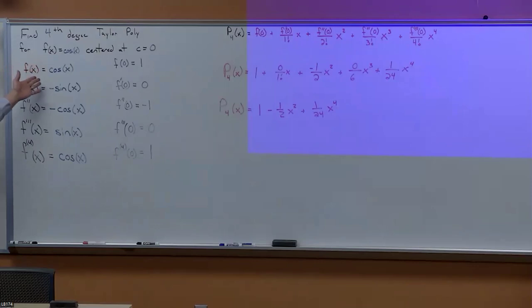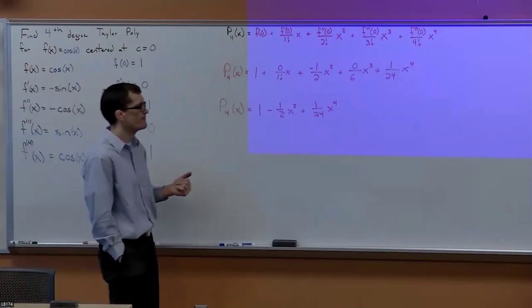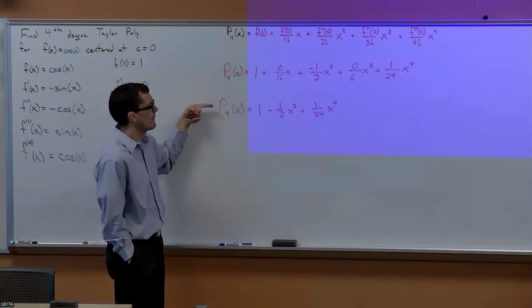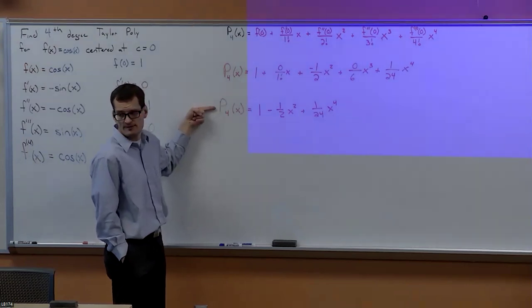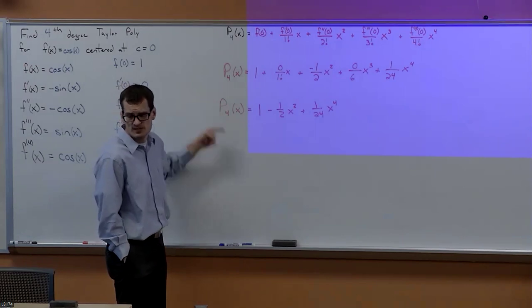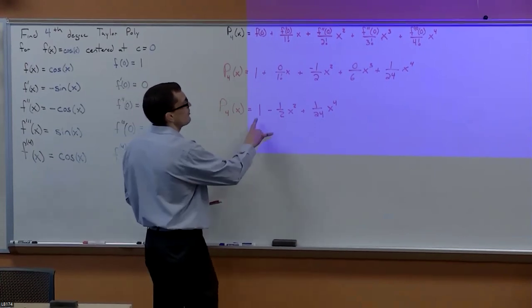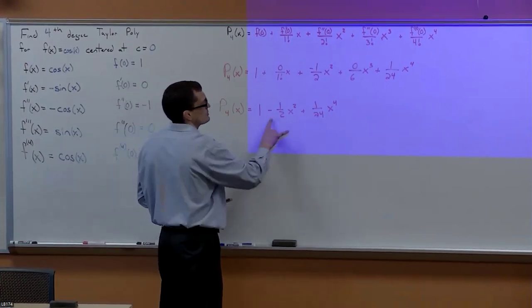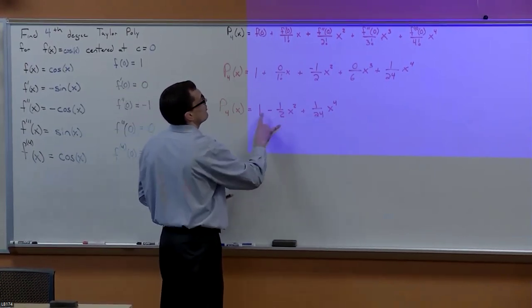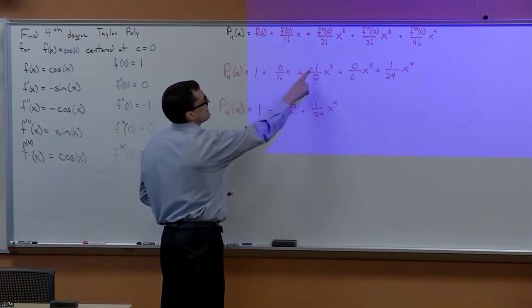We just found a Taylor polynomial centered at 0, which is also a Maclaurin polynomial. And we got this pattern. What are the coefficients here?